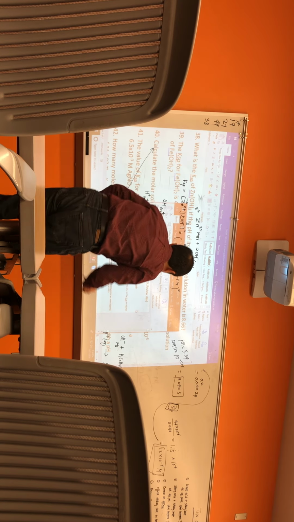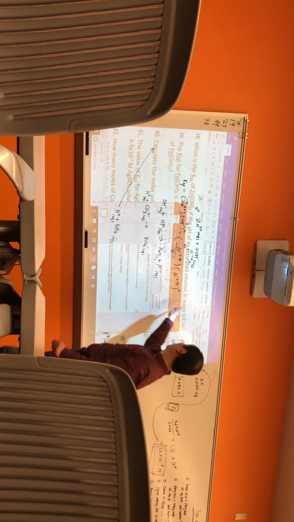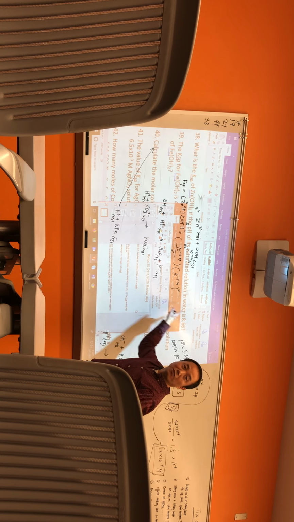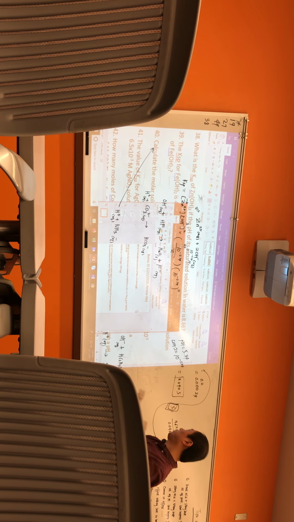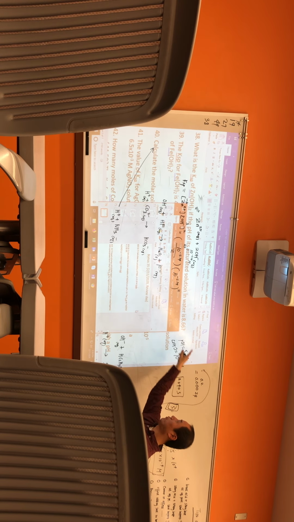Okay, here what we did is pH is 12. So this is a very similar problem. Okay, pH is given, right? Because pH is given, in both problems we know the hydroxide concentration, right?